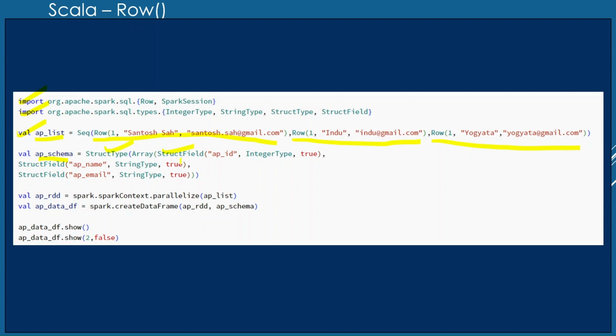There are three columns: one is AP ID, which is of string type, AP name, which is of string type, and AP email address, which is of string type. Here, with the help of the parallelize method, we are converting this object which has data into an RDD, and with the help of the createDataFrame function, by passing this RDD object and schema, we are creating the data frame.